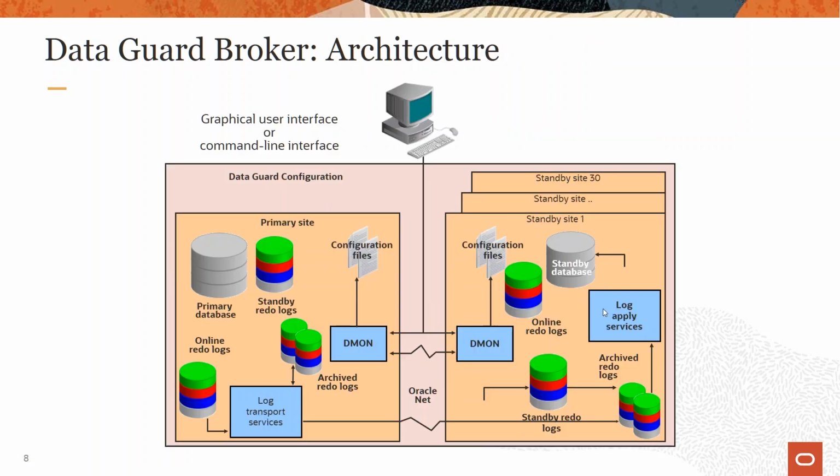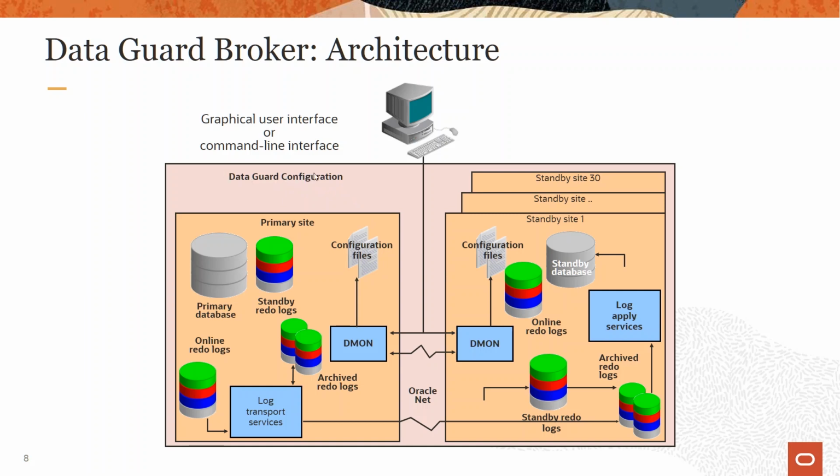So let's take a look at architecture. So from the client side, client can use Enterprise Manager Cloud Control, or client use DGMGRL Data Guard Broker command line interface. So through the Data Guard Broker interface, the first thing what we have to do is we have to create a Data Guard Broker configuration.